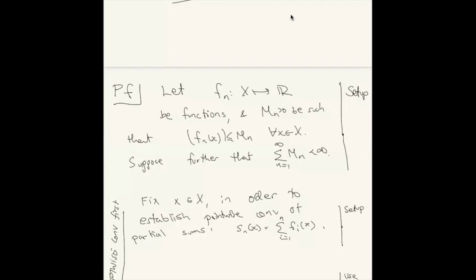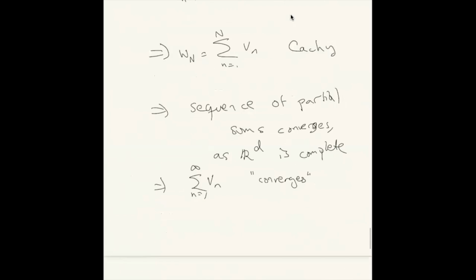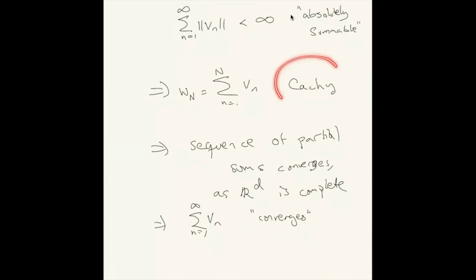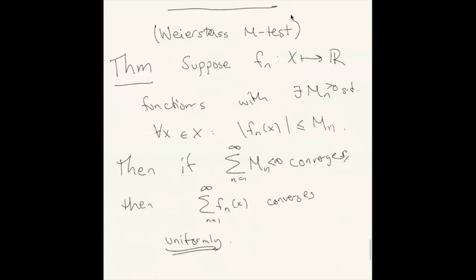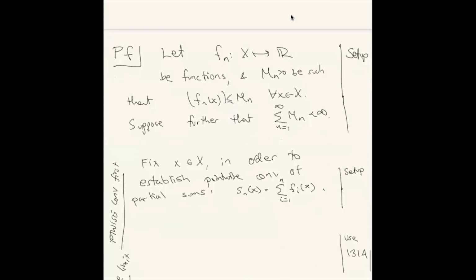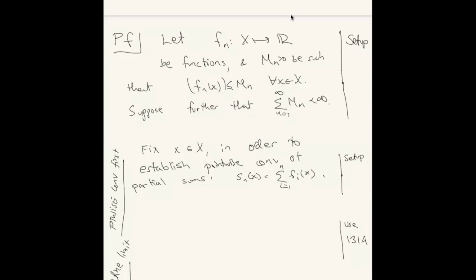Now, how do we show that something converges? Well, again, we show that it's Cauchy. The reason we show that it's Cauchy is that we have no idea what it's converging to. Now, it's really important to notice that these are real numbers now. x is fixed.